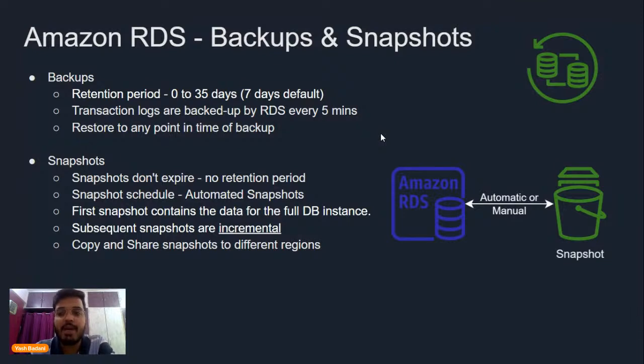And how do snapshots work, right? The concept of a snapshot, regardless of any AWS service or any services outside, is that your first snapshot is the whole image of the instance, the whole image of anything that you're taking a snapshot of. The subsequent snapshots are incremental. So let's say you did a snapshot today, and you had data starting from 2021.